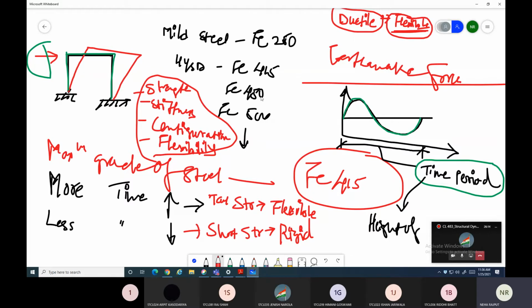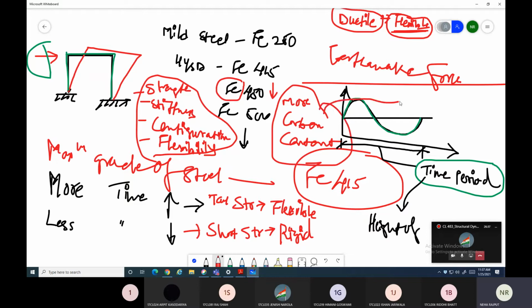So if you use a grade of steel more than Fe415, so this is ferrous iron. The higher the grade of steel, the more will be the carbon content, and more carbon content will make your steel stiffer.